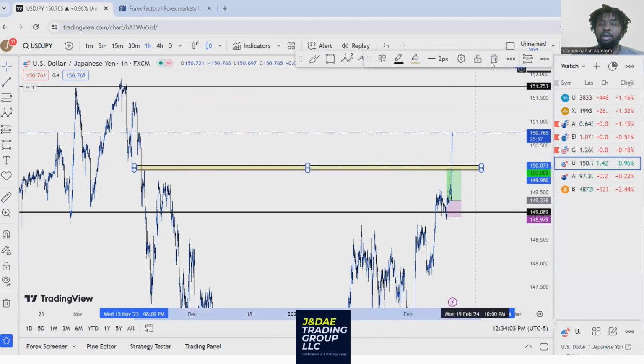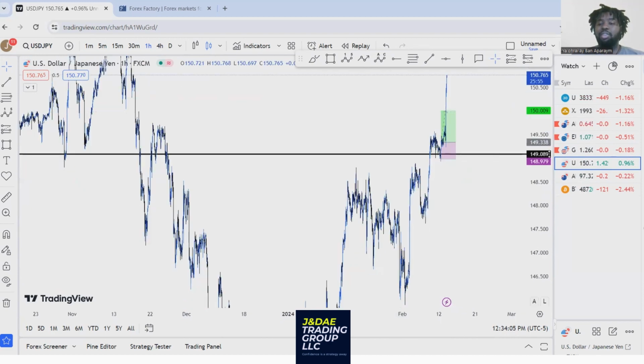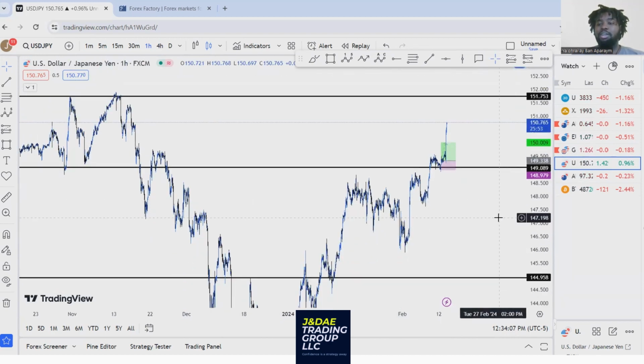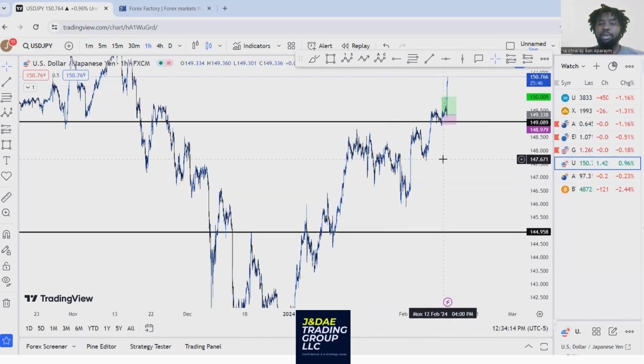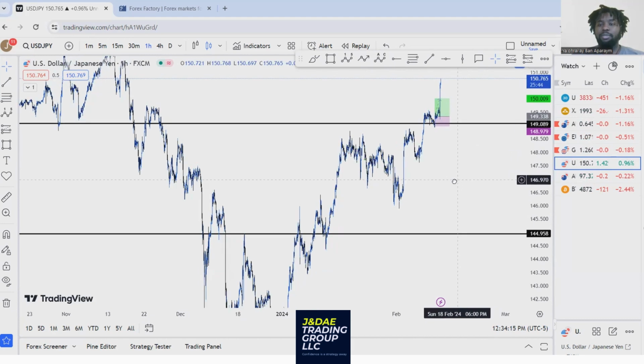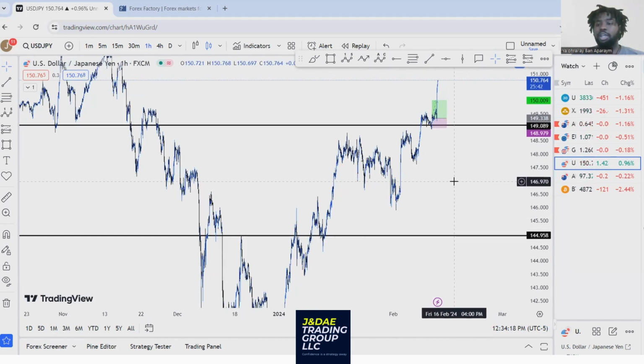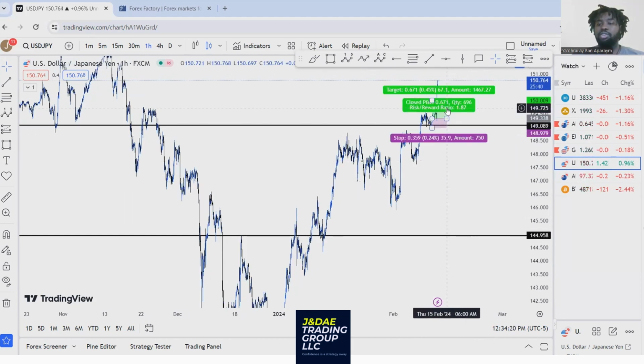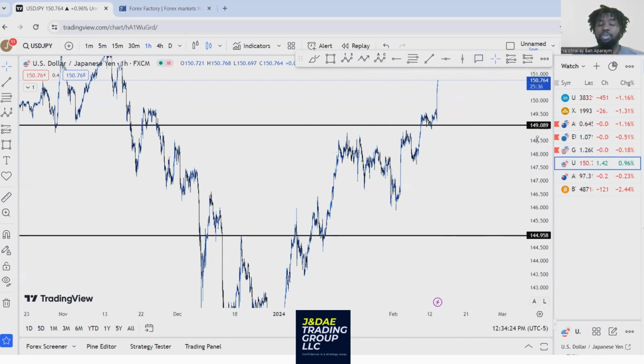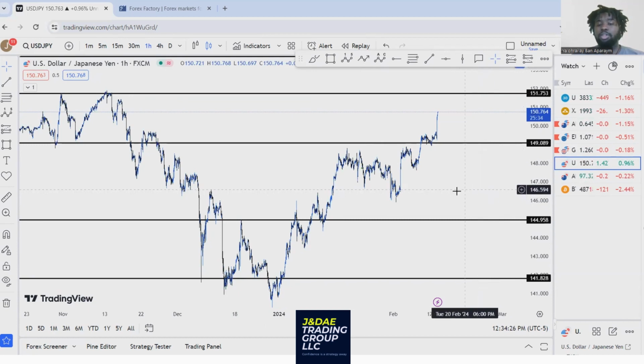It was insane to think that EU was gonna go bullish because UJ has been bullish this whole time. If UJ is bullish, and you understand currency correlation, then you know EU and AU, or GU, one of these pairs was gonna be bearish. So once again, a lot of people don't understand even that currency correlation.